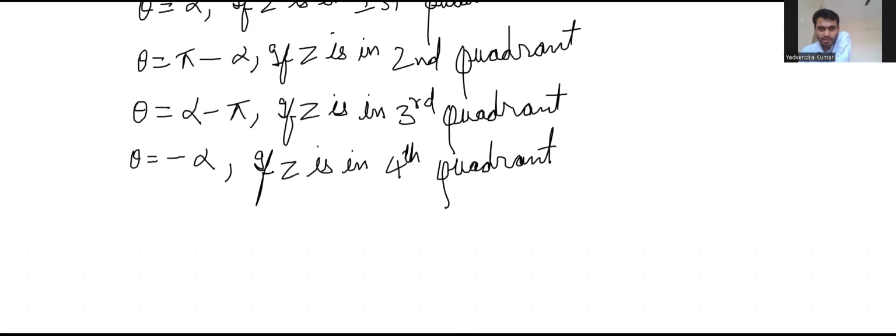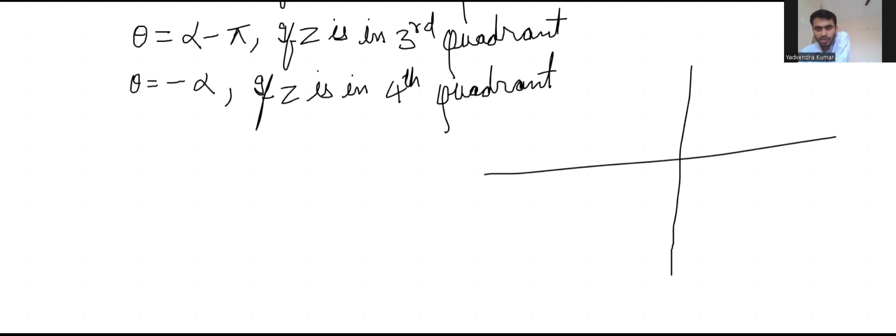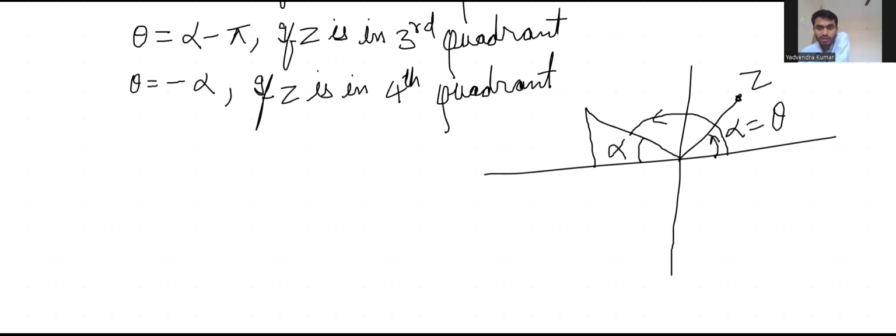Okay, so what is the logic behind this? Why do we need to define alpha? It's very simple. I will try to elaborate here. If our Z is here in the first quadrant, then you can understand that alpha and theta will be equal. If you are coming to the second quadrant and calculating the alpha, you will get this angle. But theta is the argument, and the argument you have to calculate from the positive x-axis in the anti-clockwise direction, right?